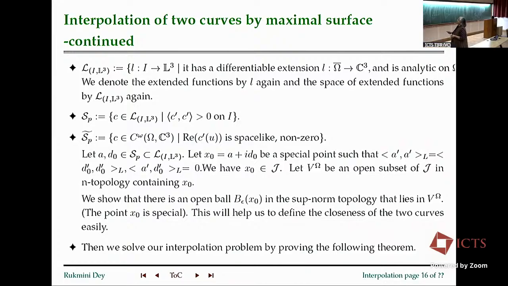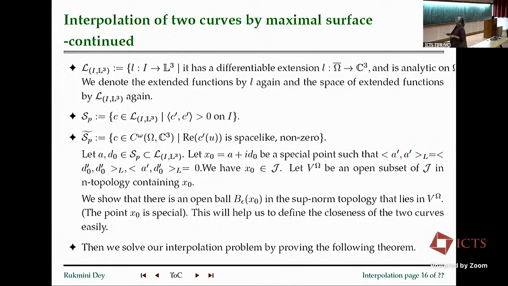We denote the extended function by L again, and the space of extensions by the same thing. SP is such that C belongs to the space of maps from I to L3, C prime is greater than 0 on I. And this is such that real C prime du is space-like and non-zero. So, okay, I don't know why I got this. Right now, I don't need that.